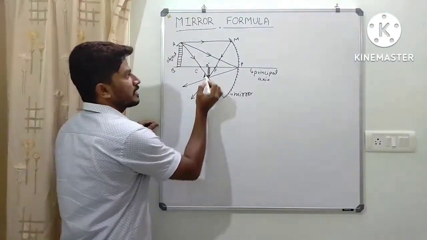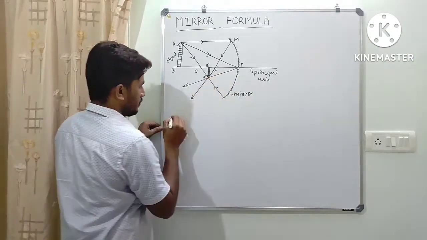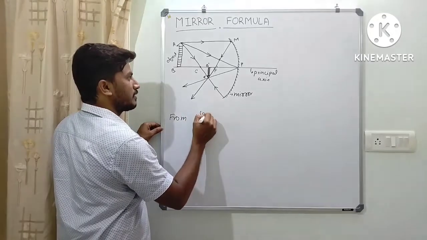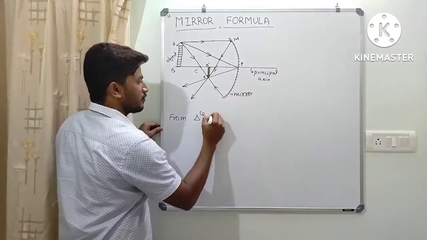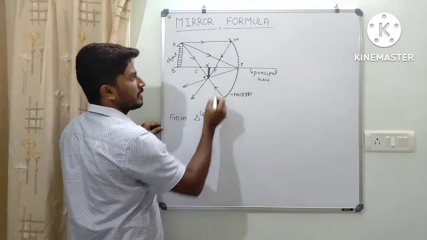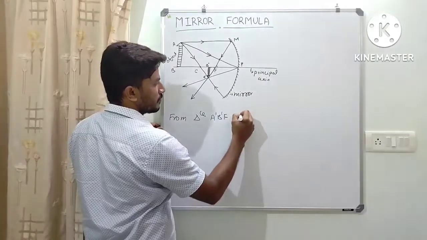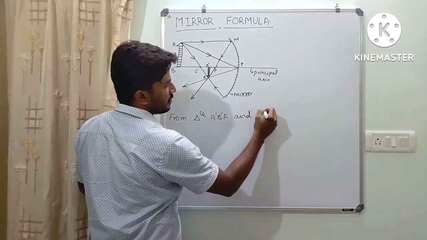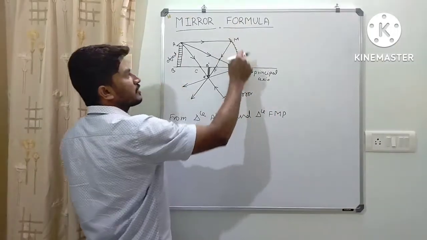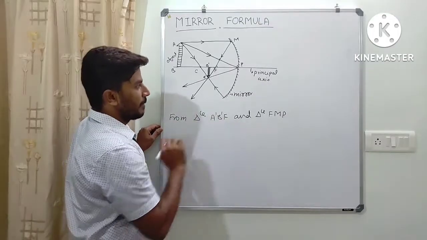Now consider this triangle, triangle A dash B dash F, and triangle FMP. Let us consider this is a straight line and it is a triangle making 90 degrees here.